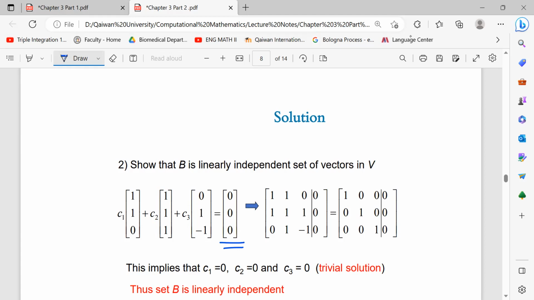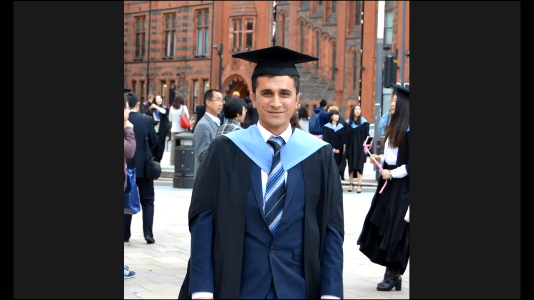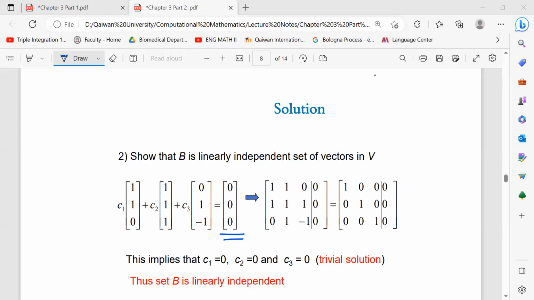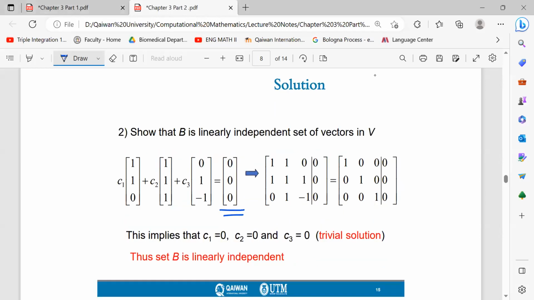And then we say these three vectors are linearly independent. If we don't get 0 for C1, C2, C3, we say those three vectors are linearly dependent. But if we get 0 for all C1, C2, C3, those three vectors are linearly independent. Okay, let's solve it.